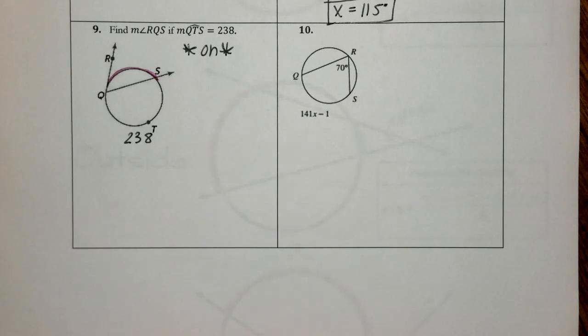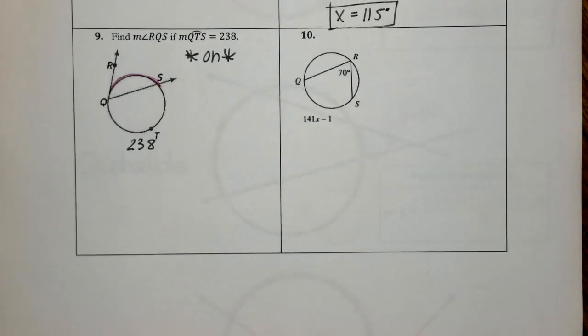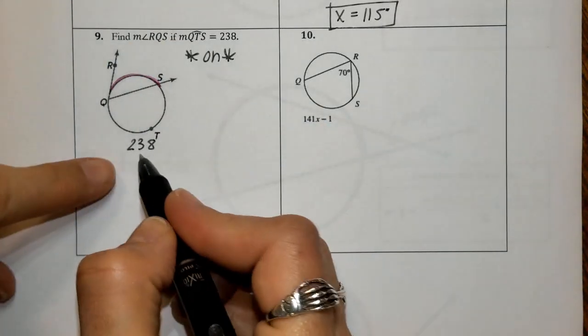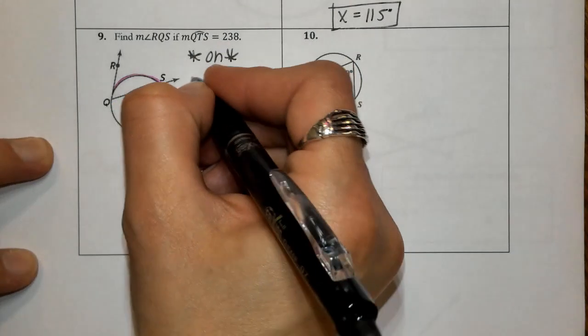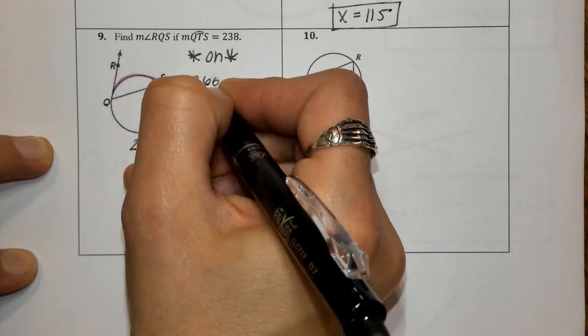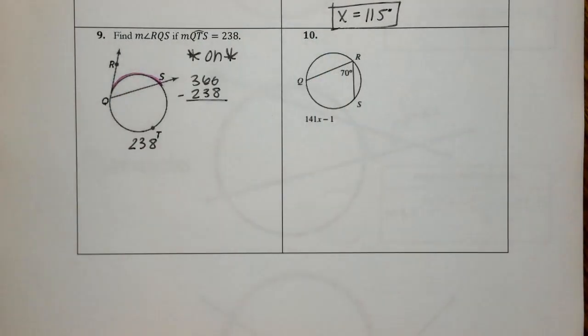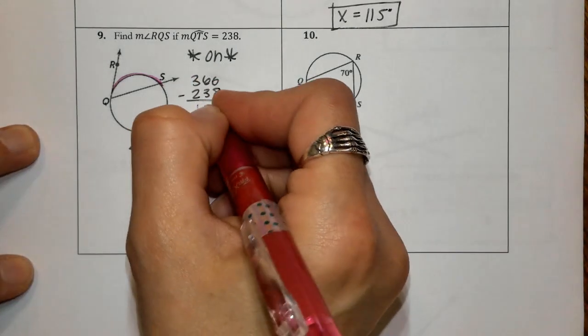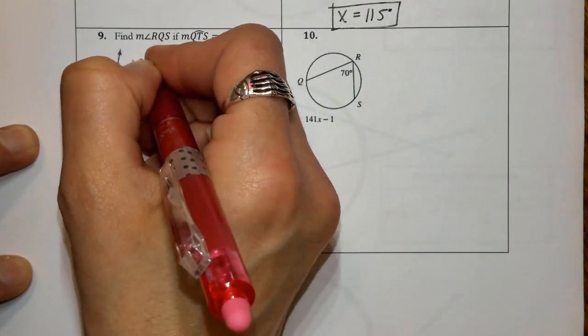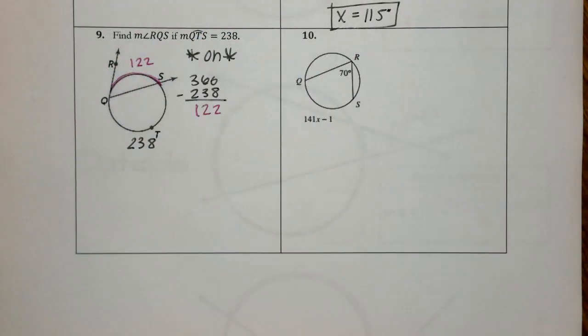So before we even start, we're going to have to figure out what arc QS is. Well, the entire circle is 360, so take away 238. What is left over is 122. So this is the number we're going to use.